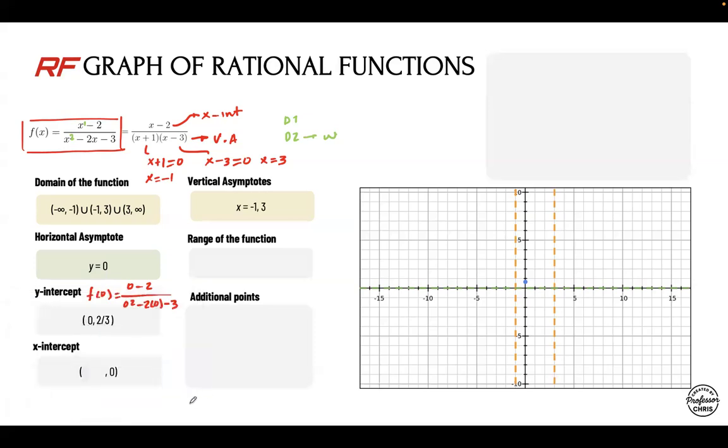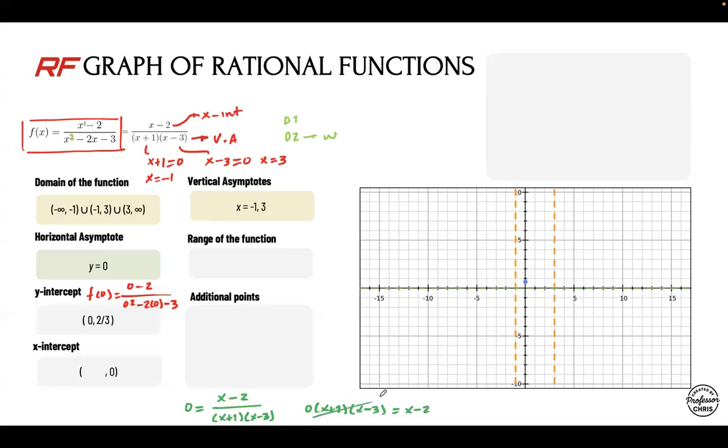If you have 0 equal to x minus 2 divided by x plus 1 times x minus 3, and you solve for x minus 2, you end up with 0 times x plus 1 times x minus 3 equals x minus 2.